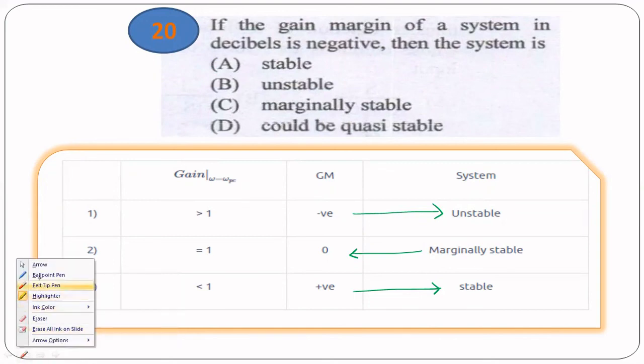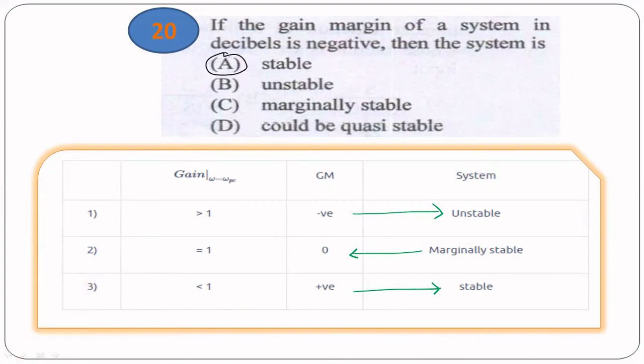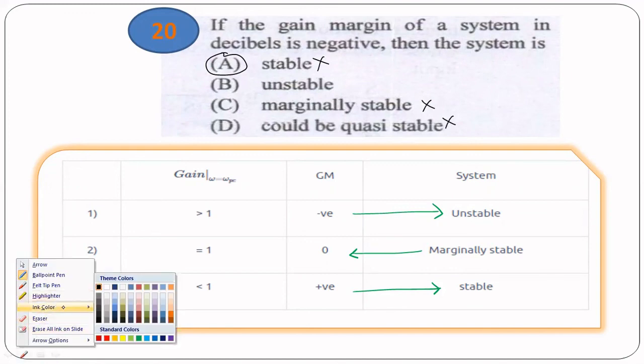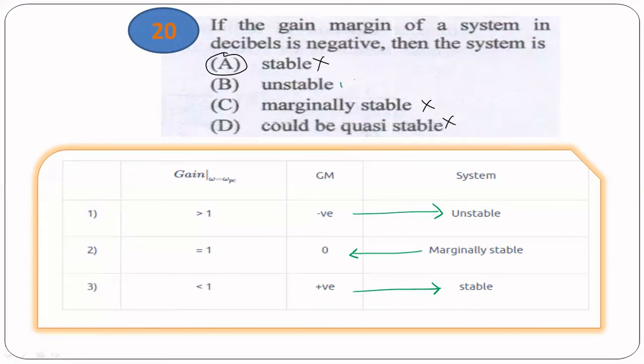So the expected answer is unstable. That is, whenever it is negative, unstable; positive, stable; and zero, marginally stable.